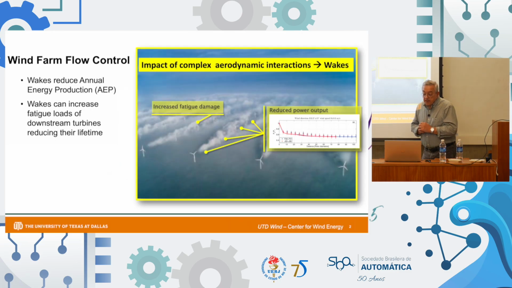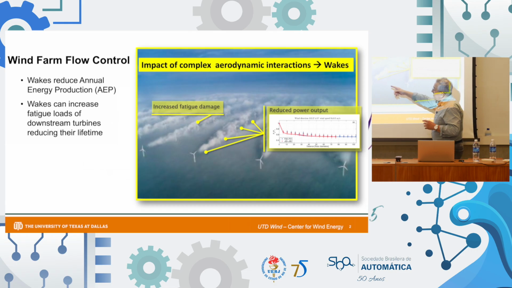So this is a problem. The basic problem I want to talk about, this picture is from an offshore wind farm off the coast of Denmark, and it was taken from a helicopter on a day where the atmospheric conditions were such that you could see the wakes produced by the upstream turbines, the ones that see the wind first, on the downstream turbines, the ones that are in the middle of the wind farm array.